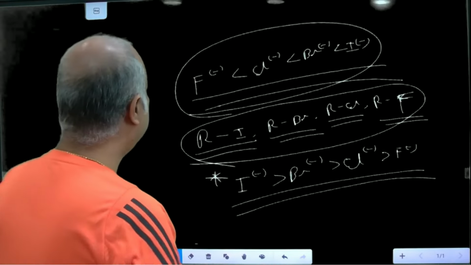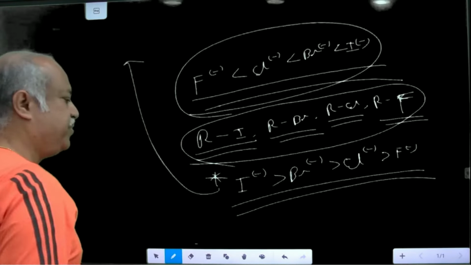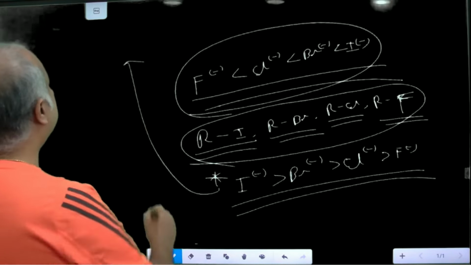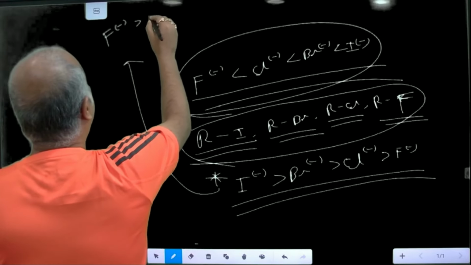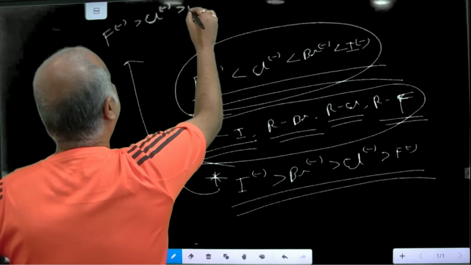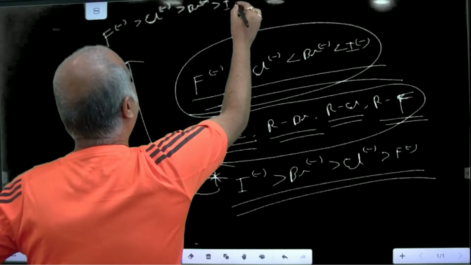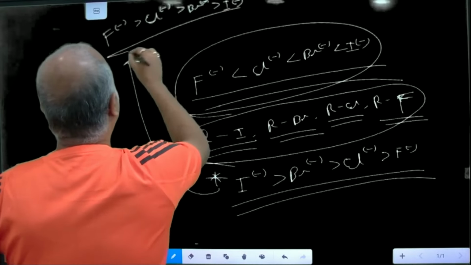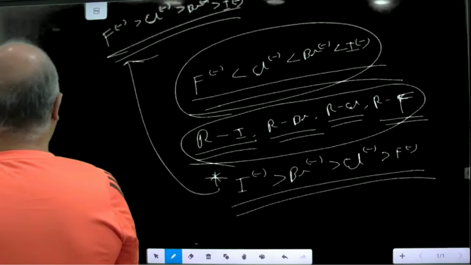But the basicity order is the reverse one: F minus greater than Cl minus greater than Br minus greater than I minus. This is the basicity order, very, very important.